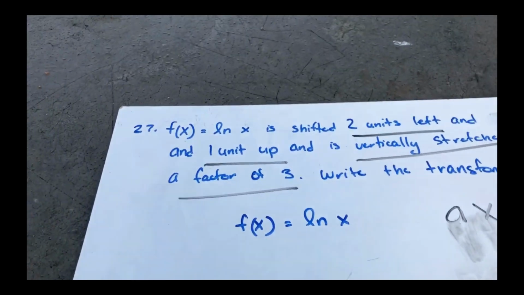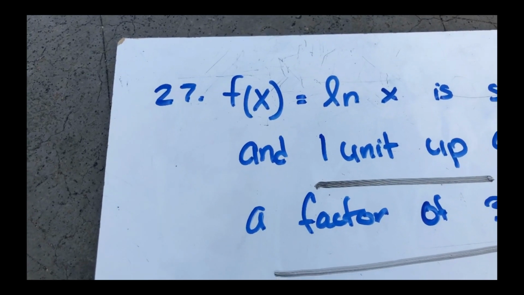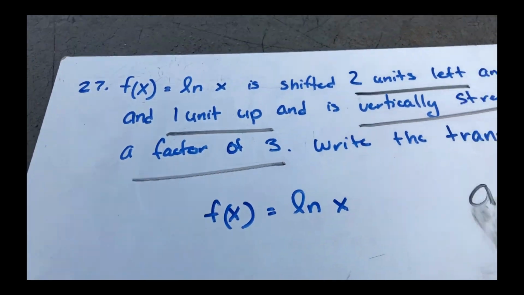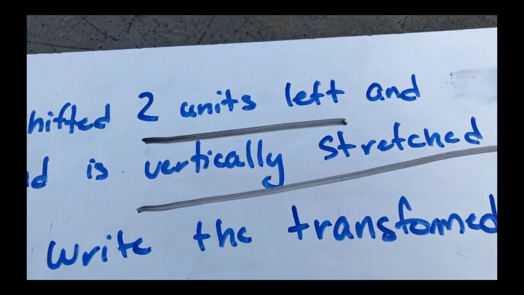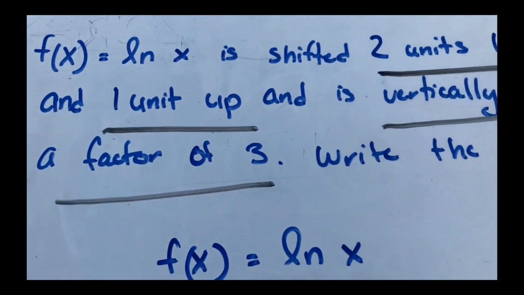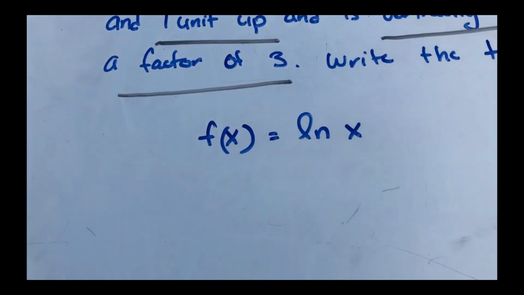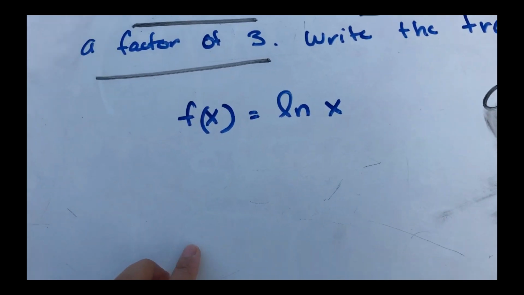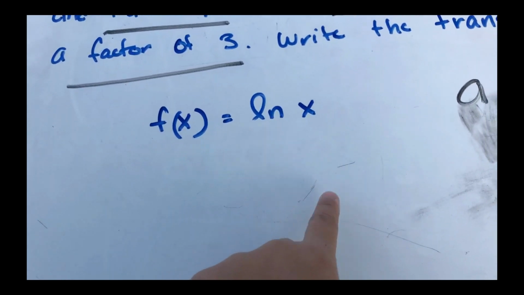Hi, my name is Raisin Begain, and I will be doing question number 27 from the Chapter 3 test review. The question was, f of x equals ln x is shifted 2 units left and 1 unit up and is vertically stretched by a factor of 3. Write the transformed function. For reference, I rewrote the original function, f of x equals ln x.